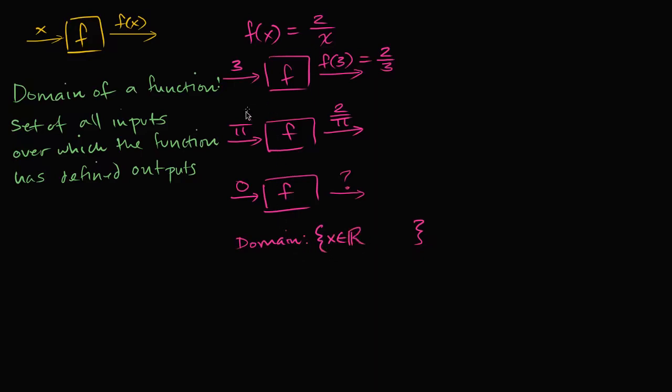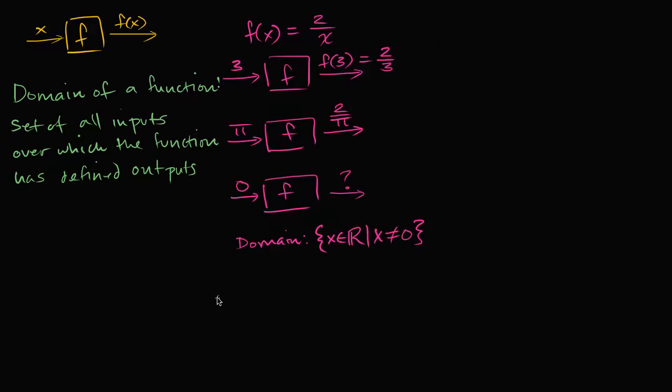It can be most of the real numbers, except it cannot be 0, because the definition is undefined when you input a 0. When we write real numbers, we write it with this double stroke right over here. That's the set of all real numbers, such that x does not equal 0.